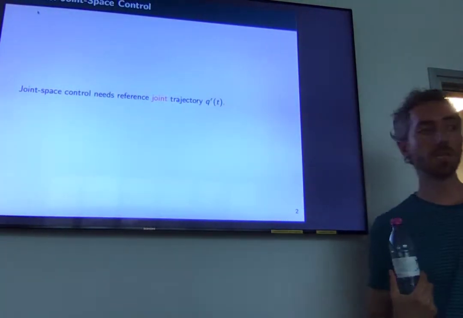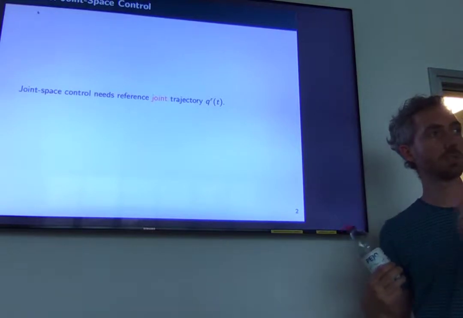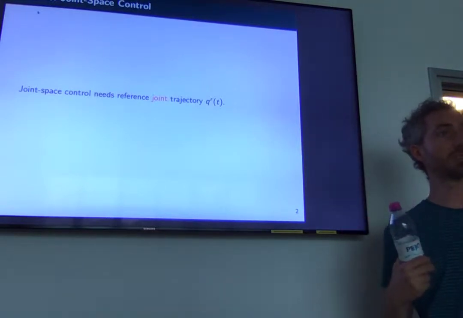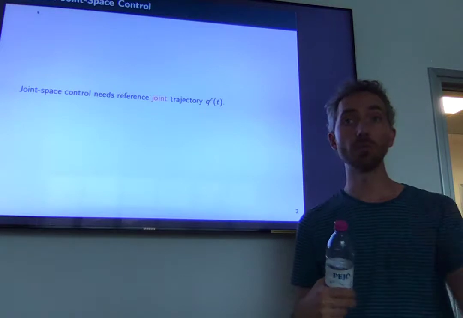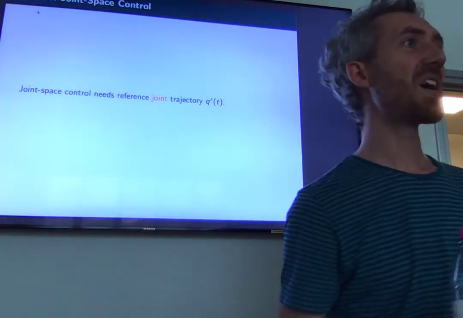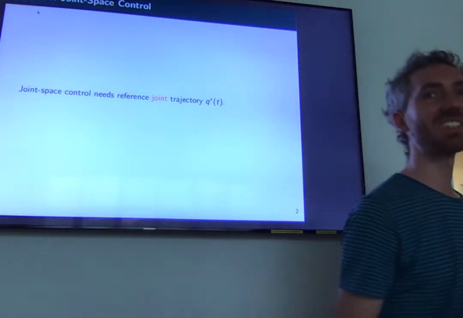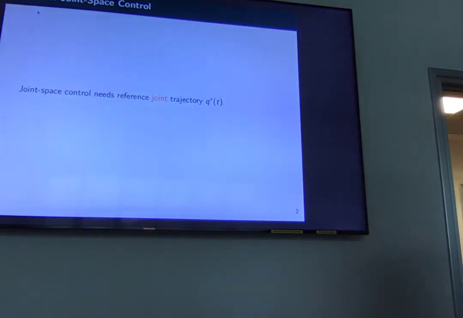So the key limitation in joint space control is that you start from the assumption that you have a joint space trajectory that you would like to track. But in practice, that's not the case, right? Typically, you're not interested in the joint space motion. Even when you're controlling a manipulator, which is a simple case, you typically are interested in the configuration of the end effector.